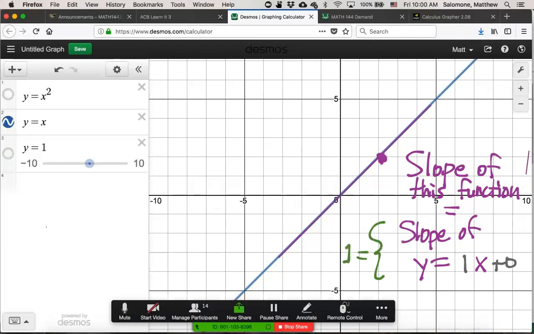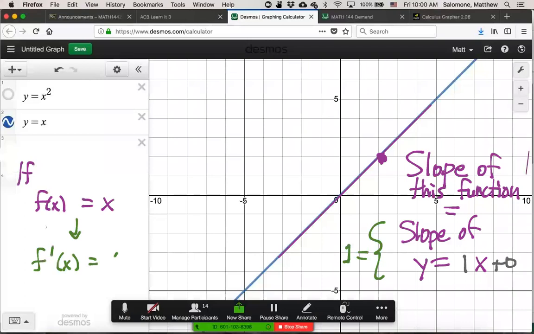And that's going to be true everywhere along the graph of this function. So if my function is f of x equals x, then its derivative, f prime of x, is going to be equal to 1 for all values of x.